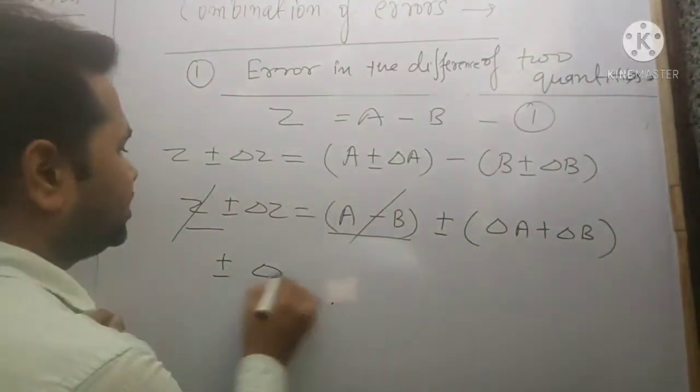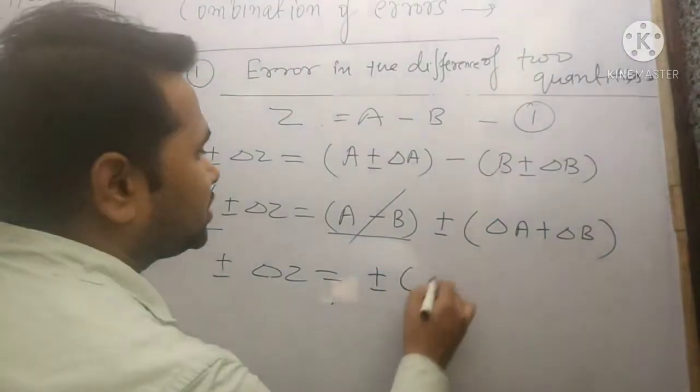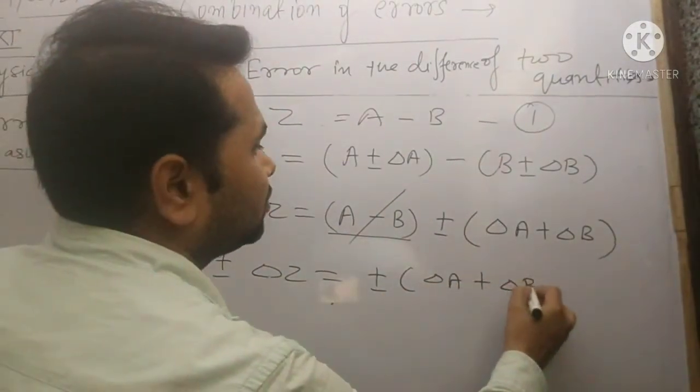Finally plus minus delta z equals plus minus delta a plus delta b.